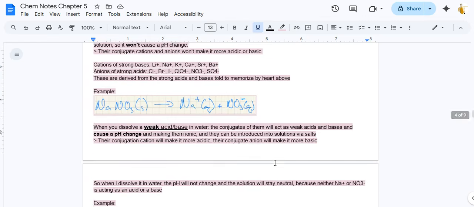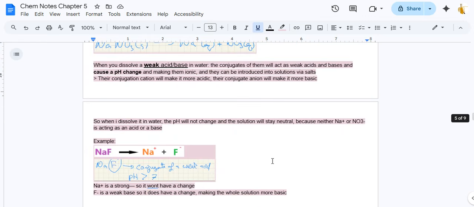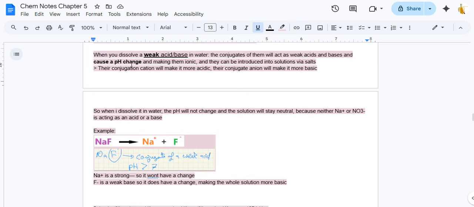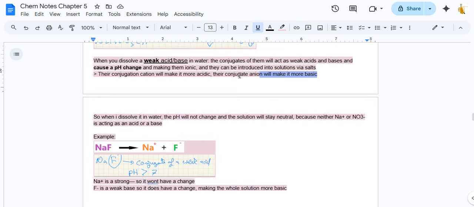Hopefully I explained this part well and it's not too confusing. One more thing I want to add, this part, you don't really need to memorize it. Because you know cations are something plus, right? And H3O plus is also something plus.